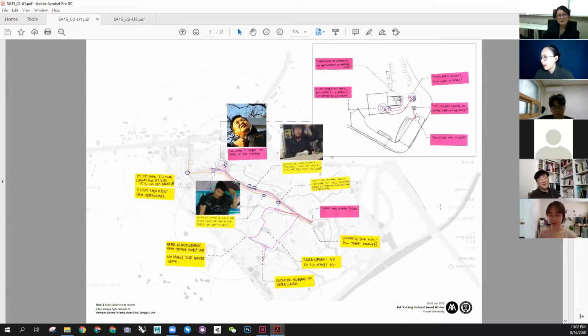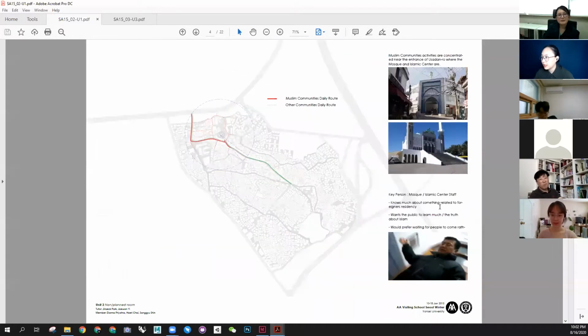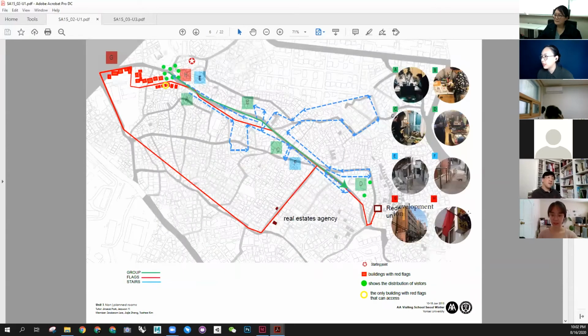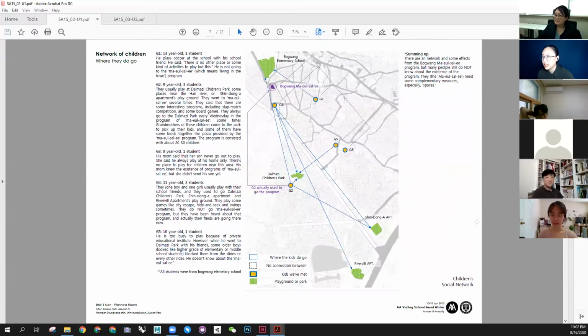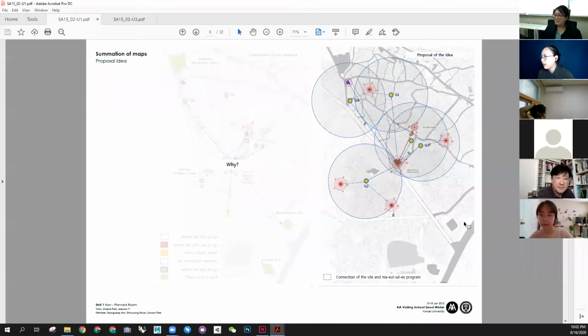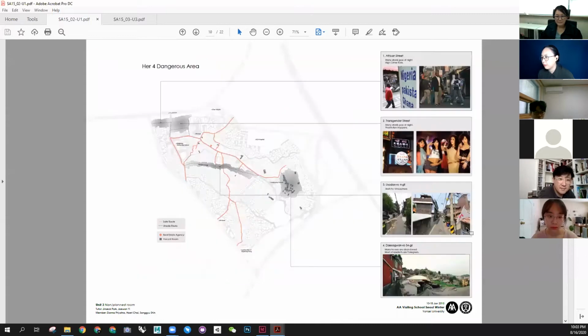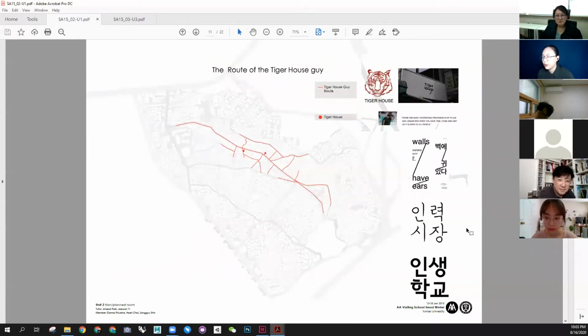They're mapping out different key personnel, looking at different people's behavior and their needs, and based on the interviews, understanding what the needs are in this very specific given site. They do a series of analyses and create a lot of different diagrams and maps, and map out different questions and problems.